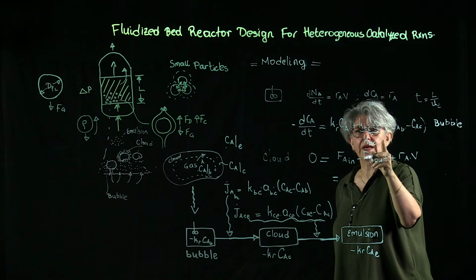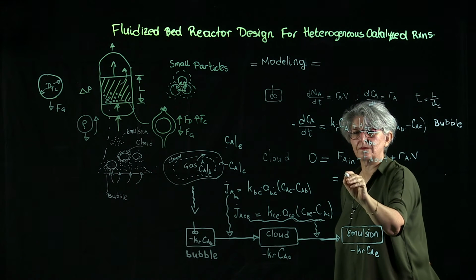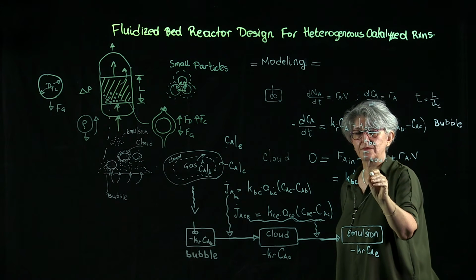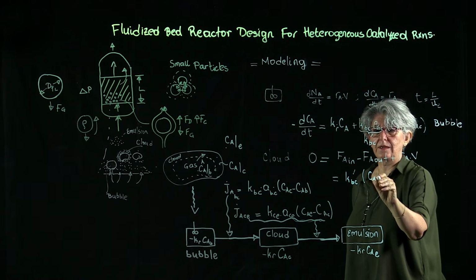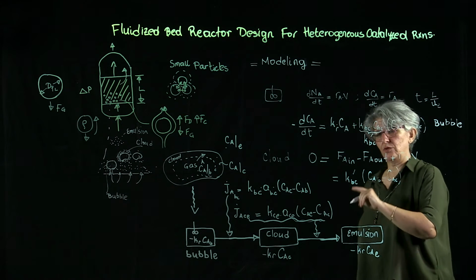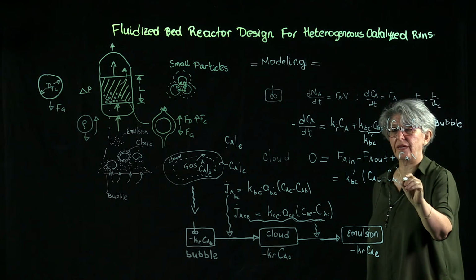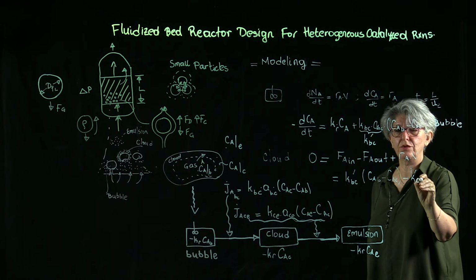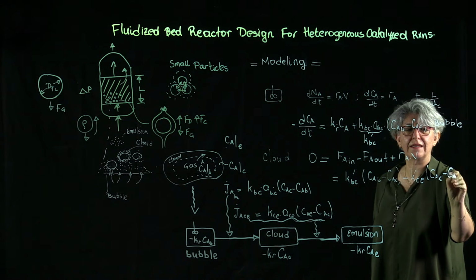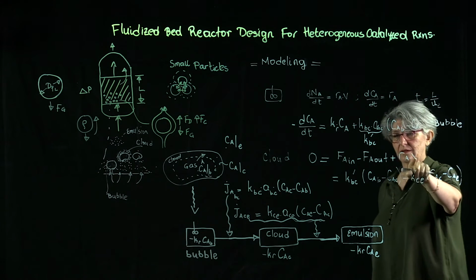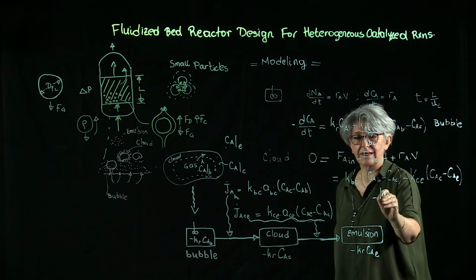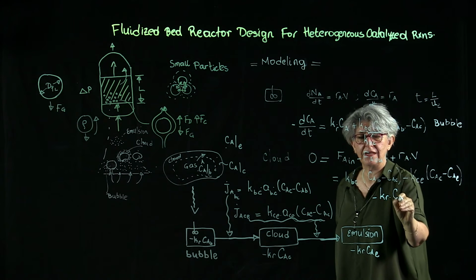So, coming from the bubble, KBC prime times CA bubble minus CA cloud; going to the emulsion, minus K prime cloud to emulsion times CA cloud minus CA emulsion; plus RA times V, minus KR times CA.